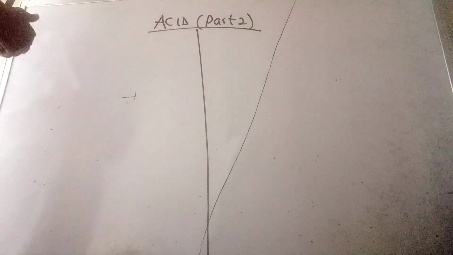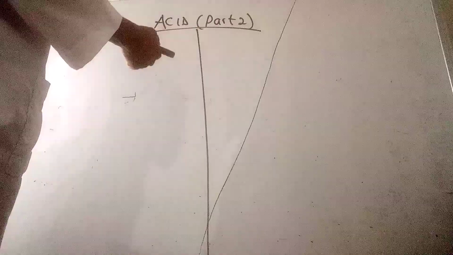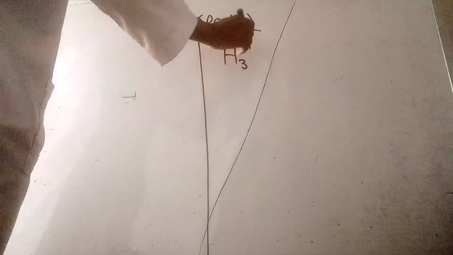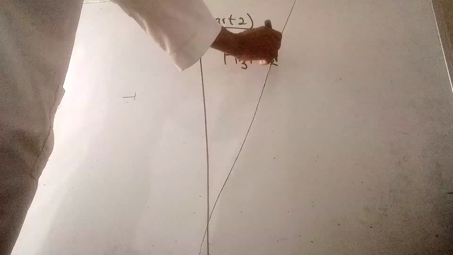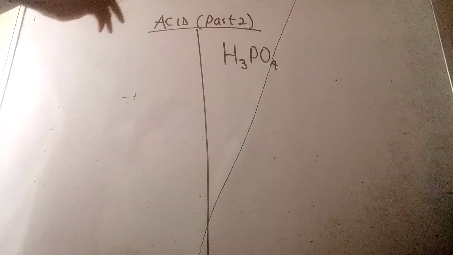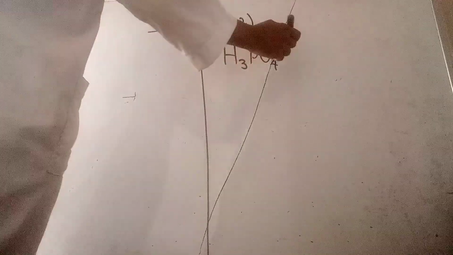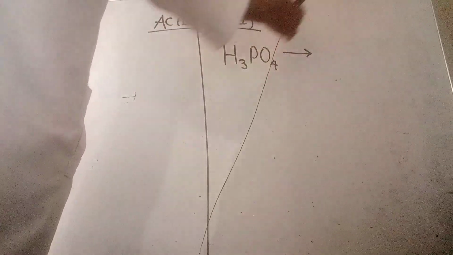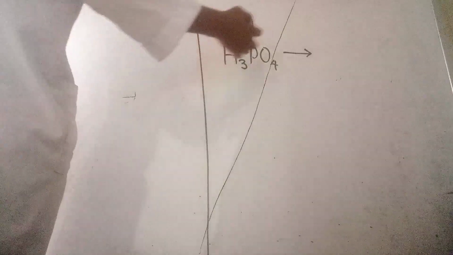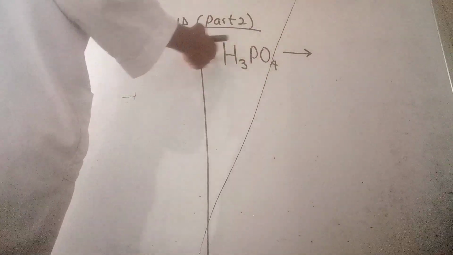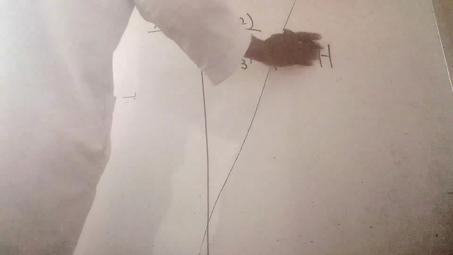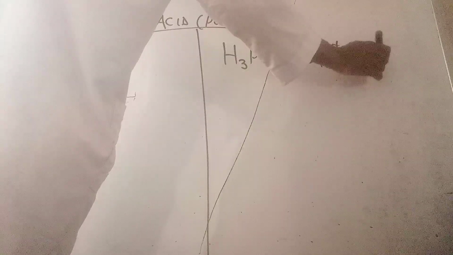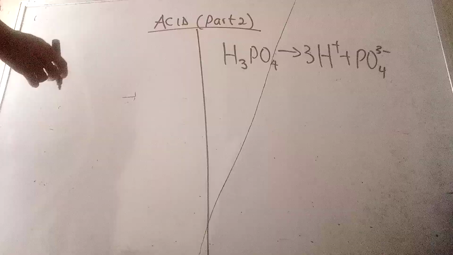But before I move on, when I was treating basicity in part 1, the acid tetraoxophosphate 5. In the last part of the basicity, when I was writing the number of replaceable hydrogen ions that can be produced in 1 mole, I wrote this, which is correct.